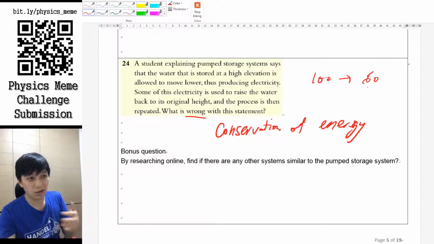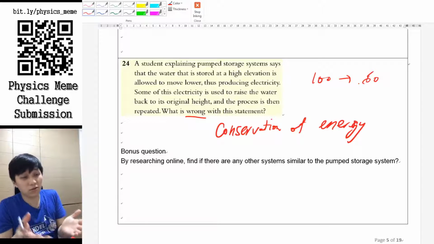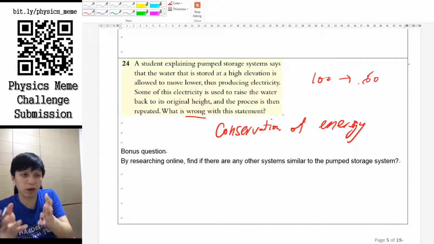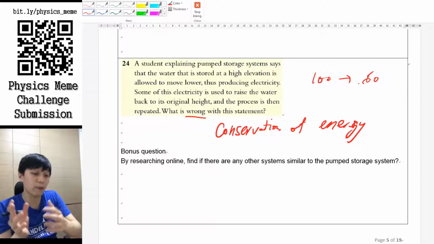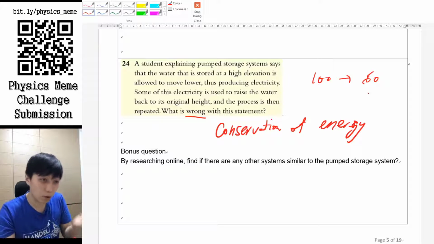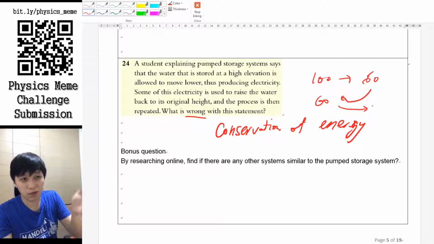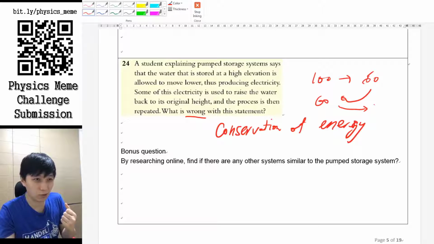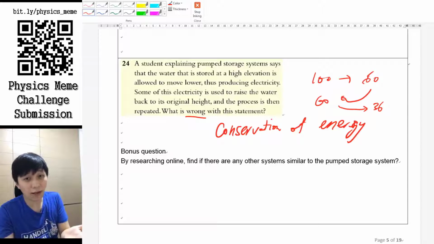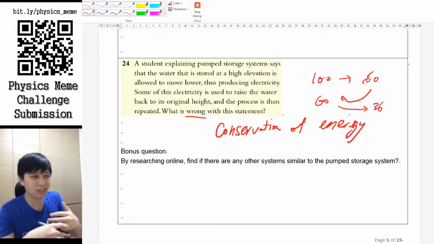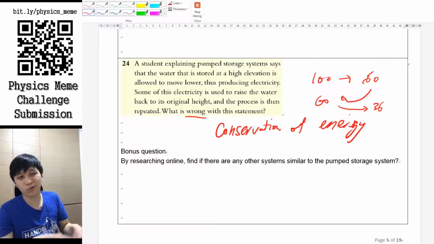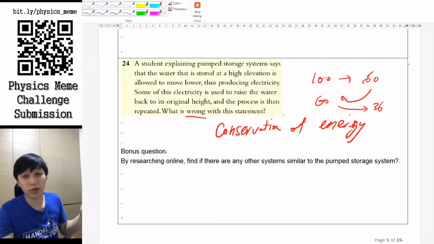So you can't use that energy to pump it all the way back. You can only pump it back to 60, and if you do this process again, assuming the efficiency is 60%, you only get 36 arbitrary units. And again, if you repeat the whole process, you just get less and less energy. So the whole idea is simply not practical.